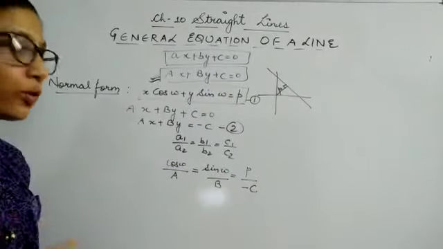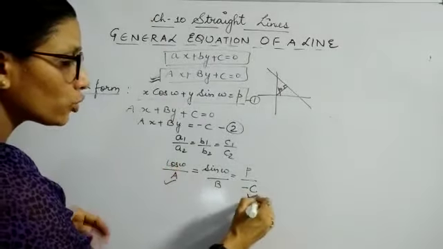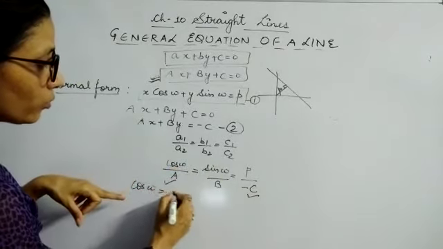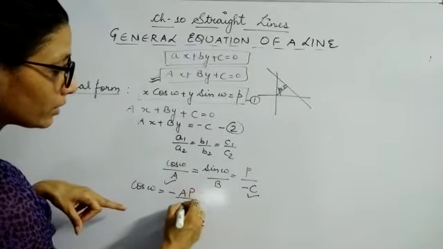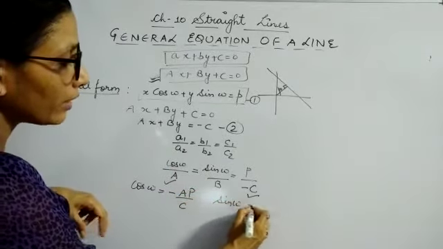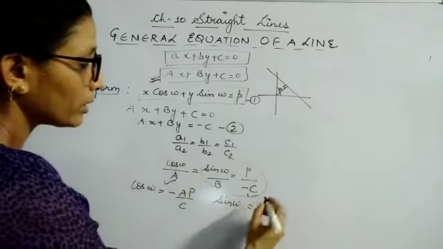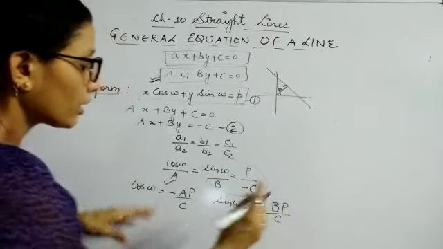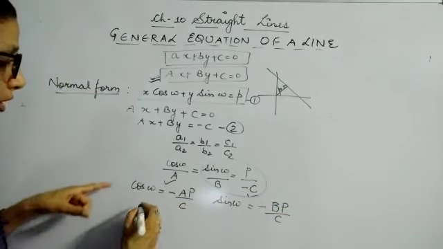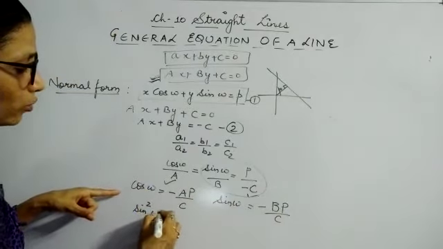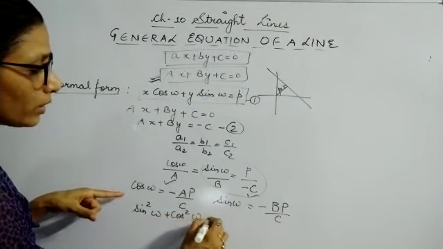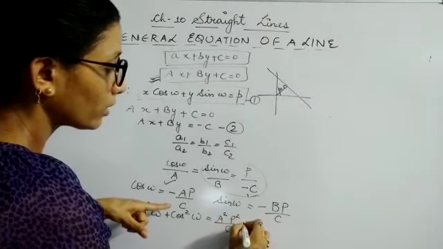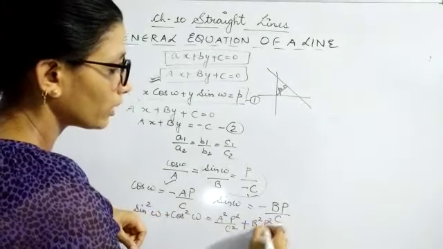Now I can compare these and find the value of cos omega. So cos omega will be equal to minus ap by c, and sin omega will be equal to minus bp by c. On squaring both and adding, I get sin square omega plus cos square omega equal to a square p square upon c square plus b square p square upon c square.